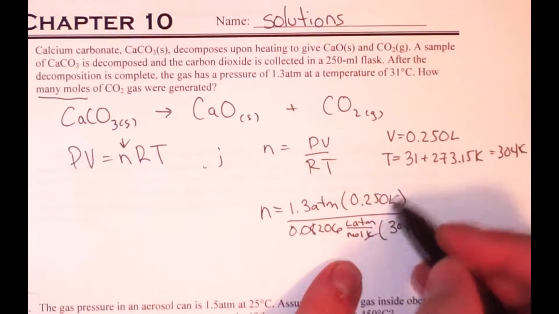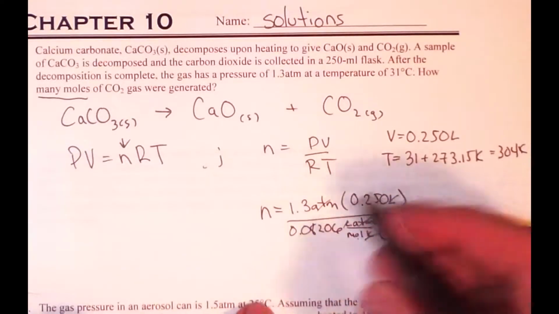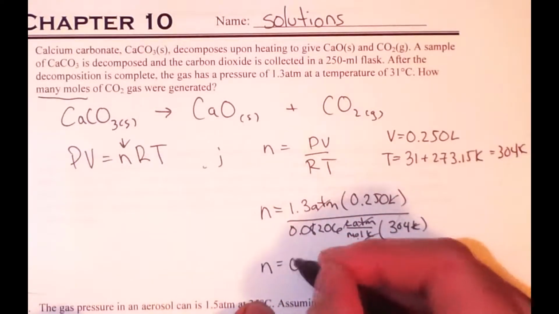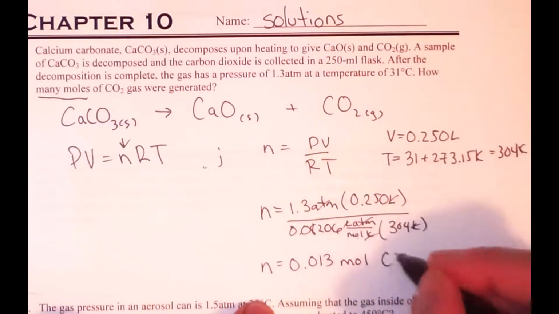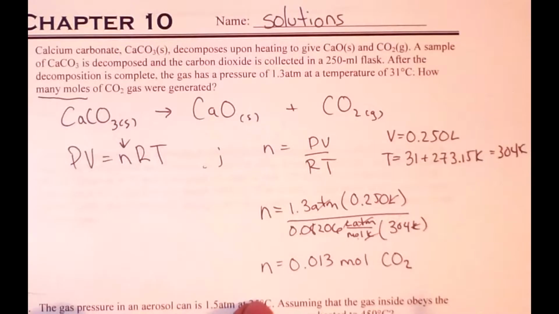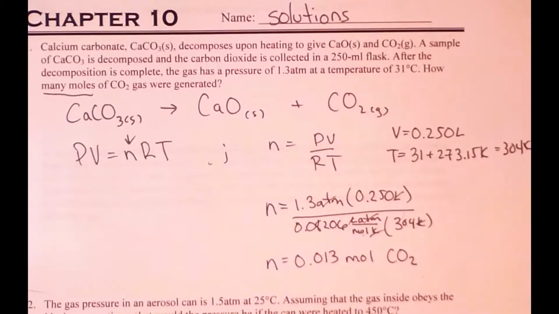Kelvin cancels with Kelvin, liters cancels with liters, atmospheres cancels with atmospheres, leaving me just with the unit in moles. n equals 0.013 moles of CO2. And then of course we can go to grams of CO2 from here.